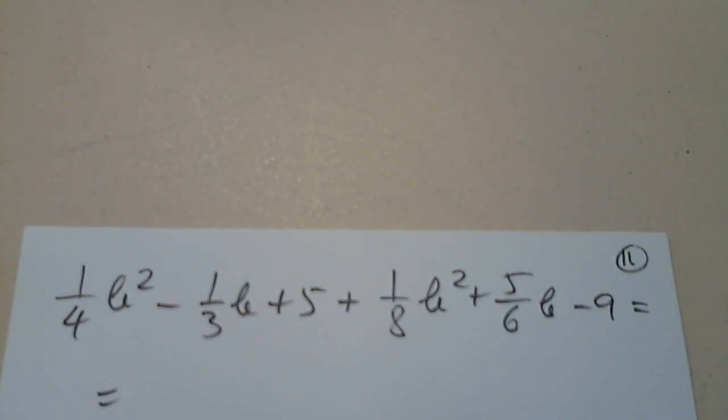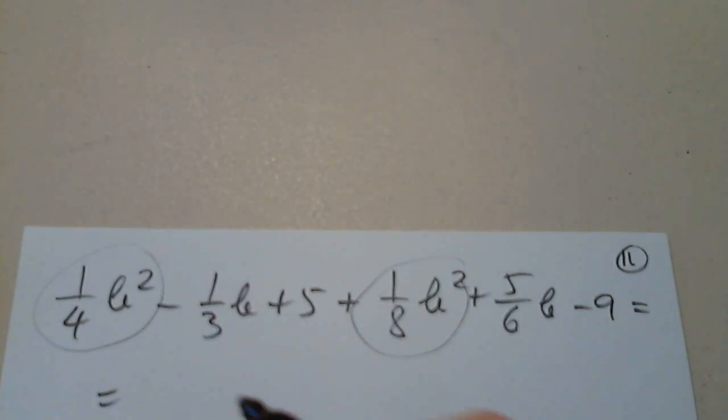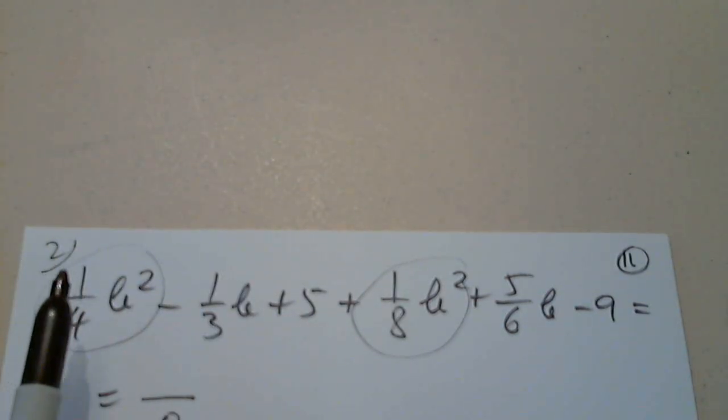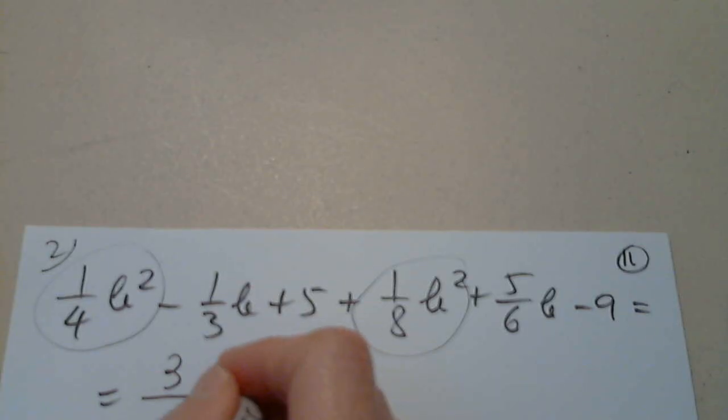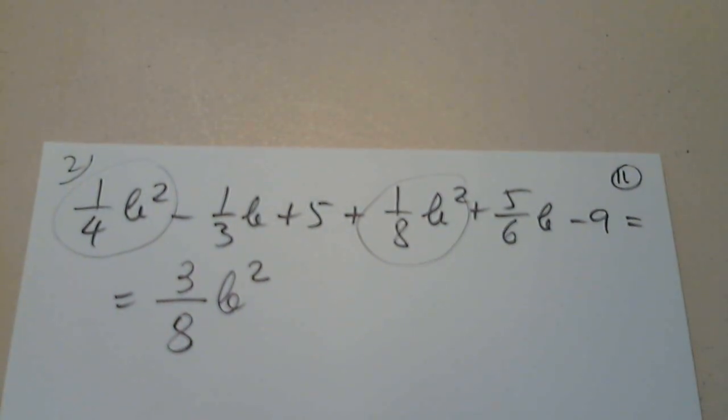Good. So I have 1/4 b squared and 1/8 b squared. The least common denominator is 8, so this needs a 2. So it would be 2 plus 1, which is 3. So I found the leading coefficient, which is 3/8. The degree is 2.